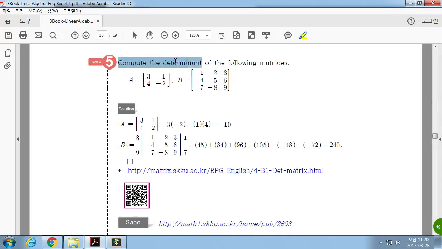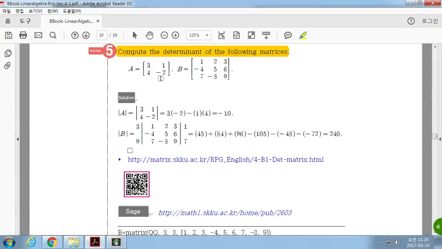Next example, compute the determinant of the following matrices. Two matrices. For the 2 by 2 matrix, 3 times minus 2 is here, and minus 1 times 4 here, gives us minus 10. For the 3 by 3 matrix, you find 1, 5, 9, and 2, 6, 7, and 3, minus 4, minus 8.